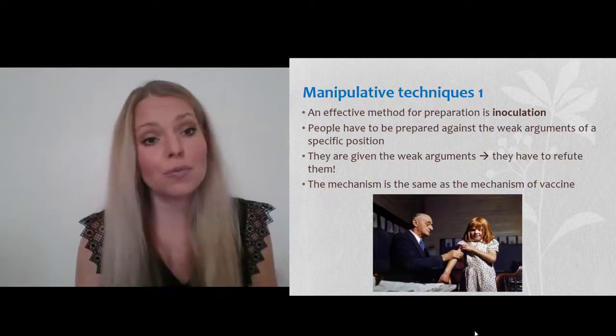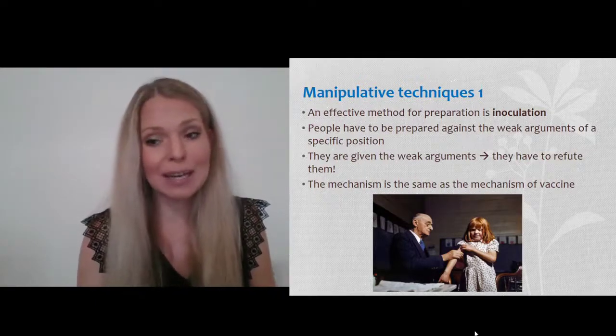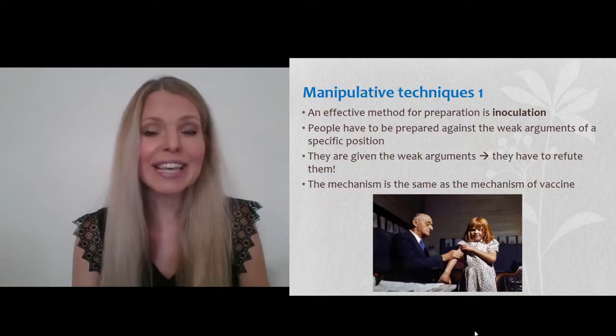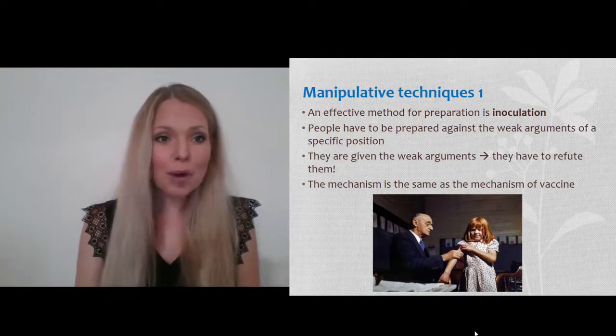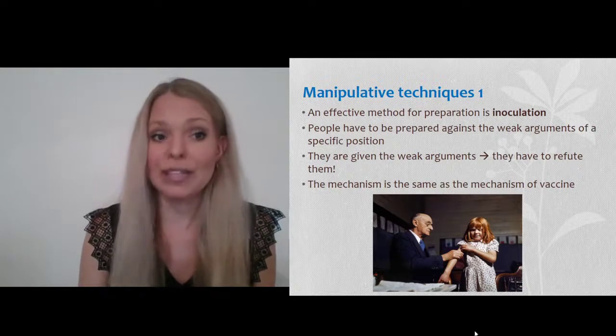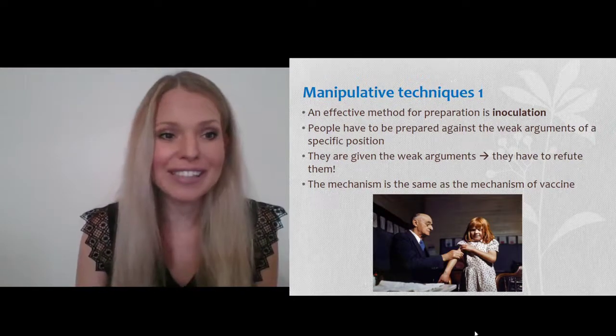And then afterwards we will learn about all these manipulative techniques, and we will recognize certain moments, instances when the media really got us and we didn't even recognize it.